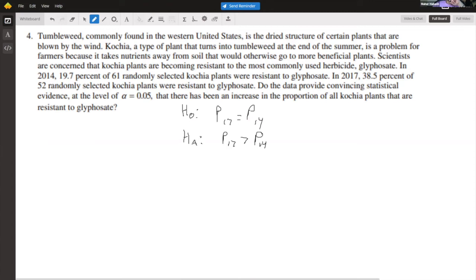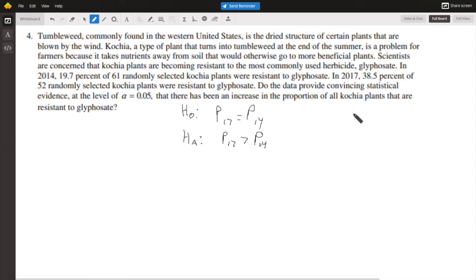Now, there's one other thing that we needed to do. We needed to prove that we can do a two-proportion Z test. So what were the requirements for performing it? It has to be random first, and we know that it's random because they stated that there was random selection of plants. Uh-huh. And then we also need to check for independence and normality.